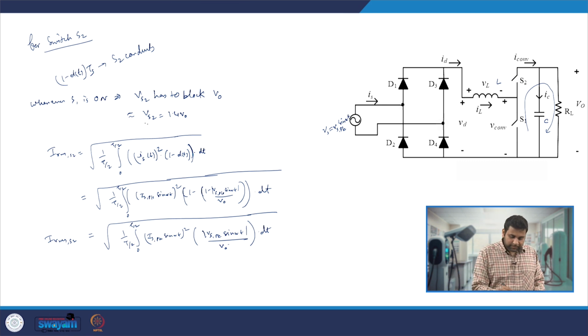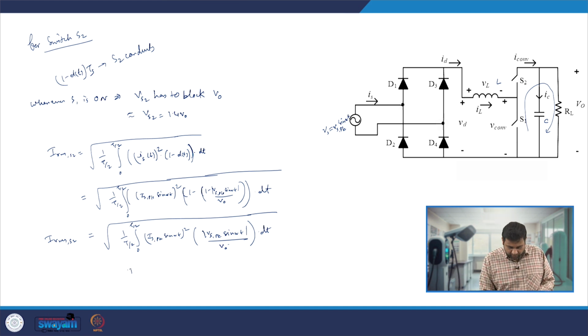One already knows the voltage which will be appearing across the S2 switch, and what the RMS current through it is, and thus one can easily select the required device which can be used in this converter. On similar lines, one can also calculate the average current which will be flowing through this switch S2, and that will help the designer to select the appropriate switches.